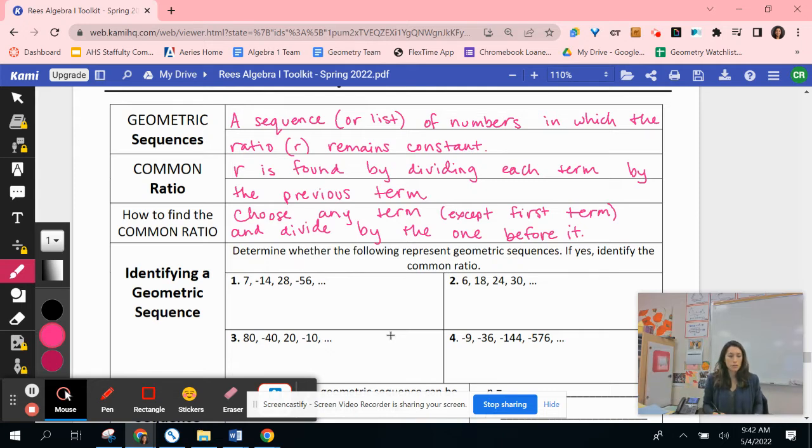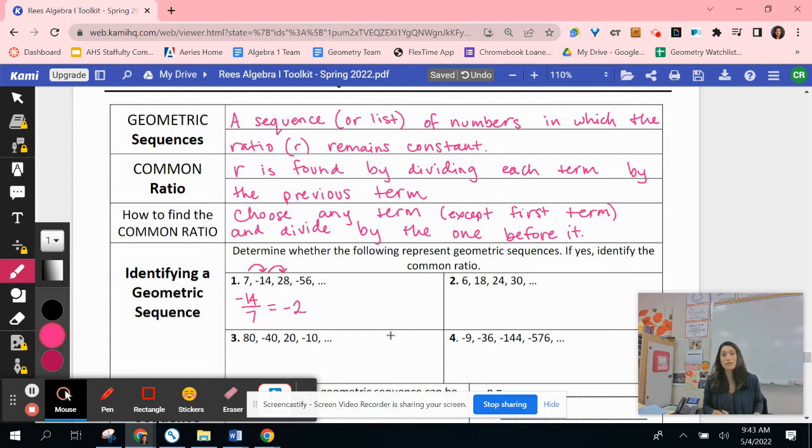I'm going to take my negative 14 and divide it by the number in front of it, 7, and that gives me negative 2. In order to be a geometric sequence, to get from one term to the next, I need to be multiplying by negative 2. So 7 times negative 2 is negative 14, so that works.